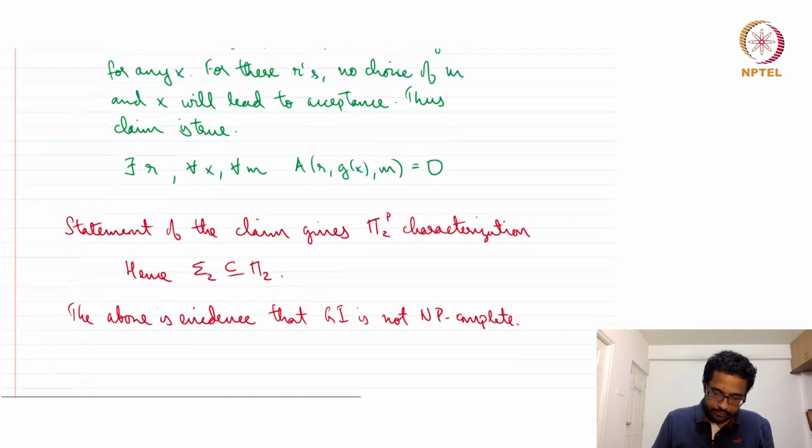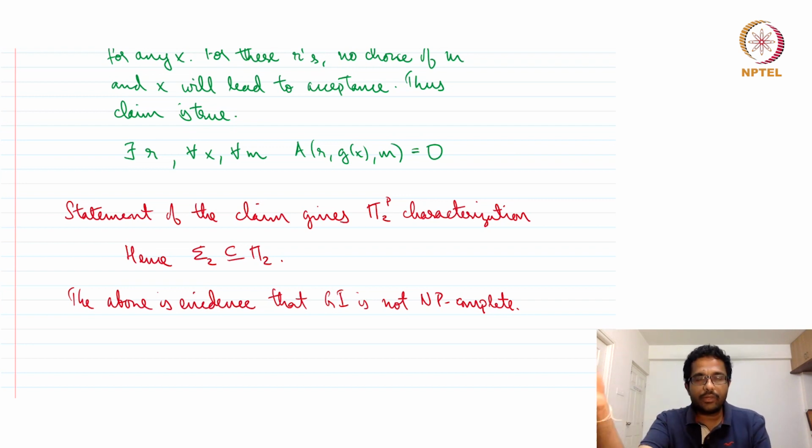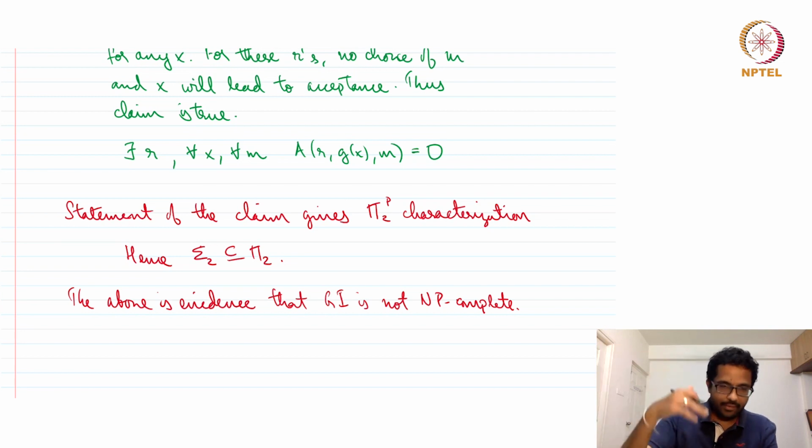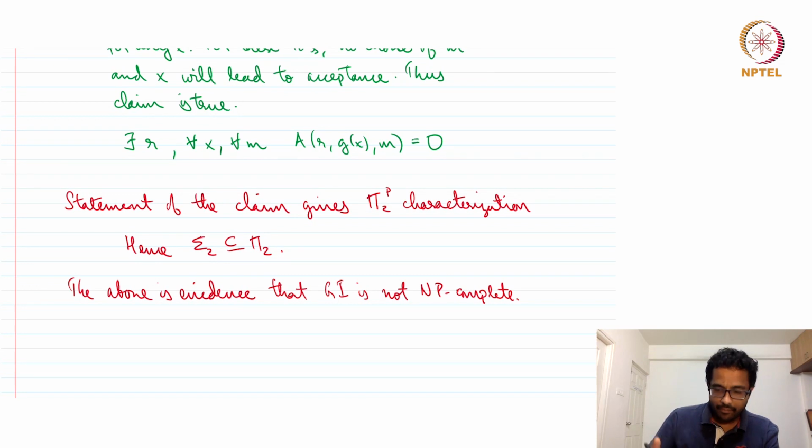So the statement of the claim, or box 2, gives a Pi2 characterization for L. We started with the sigma 2 language L, and we have now shown a Pi2 characterization, which means sigma 2 is contained in Pi2. The only assumption that we made was that graph isomorphism was NP complete. So this implies that if graph isomorphism is NP complete, then sigma 2 is equal to Pi2, which means the polynomial hierarchy collapses down to the second level.